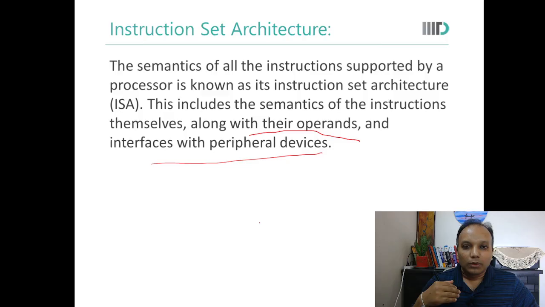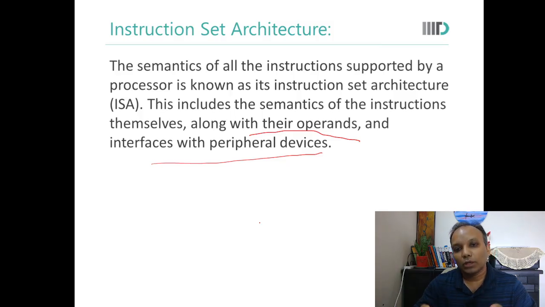Okay. Apart from that, the instruction set architecture will also talk about how interrupts will be handled, and what will be the width of your word. So, basically the number of bits you can parallelly work with, that is defined as your word length.